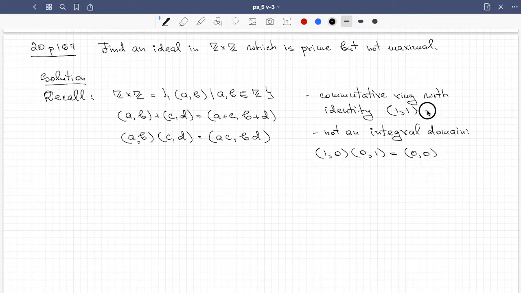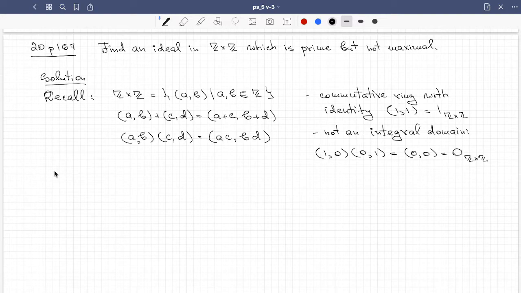That is 1 in Z cross Z, and this is, of course, 0 in Z cross Z. So you easily check that these are elements in the ring. This was just to recall what we are speaking about.